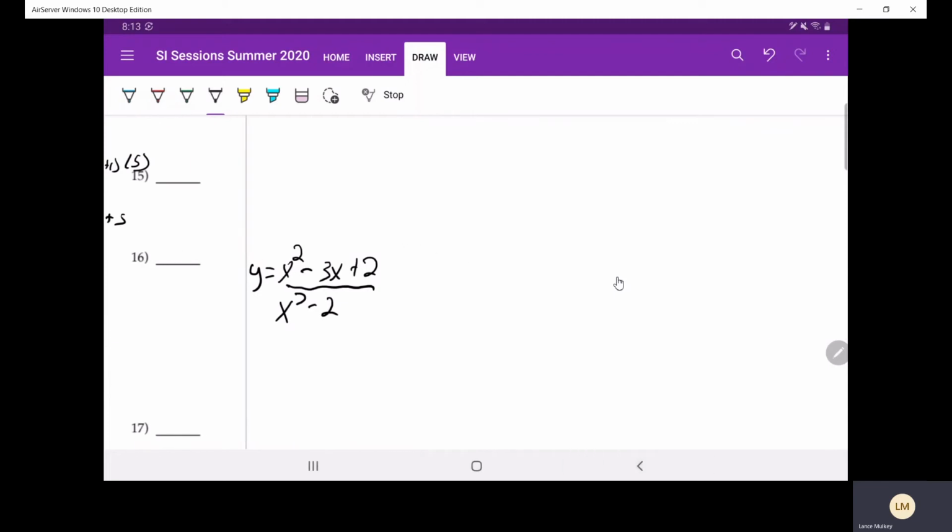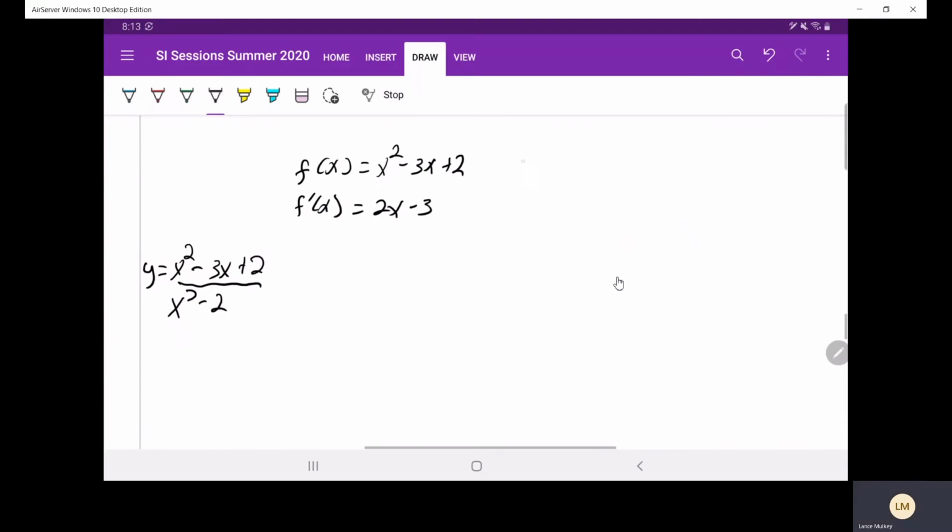I'm not going to write out the rule. f of x equals x squared minus 3x plus 2, with derivative 2x minus 3.